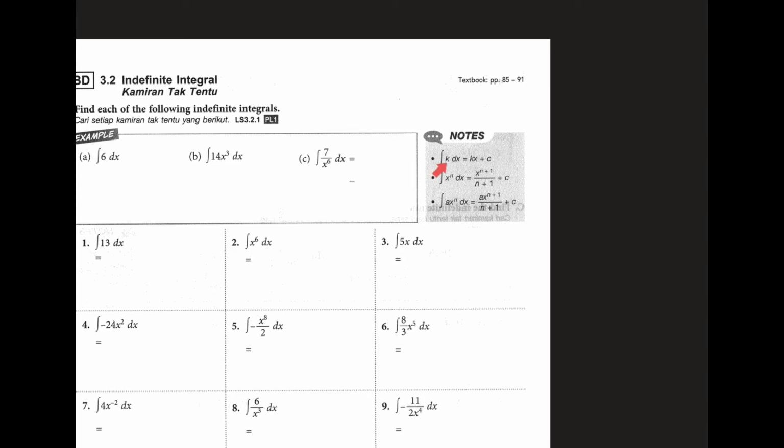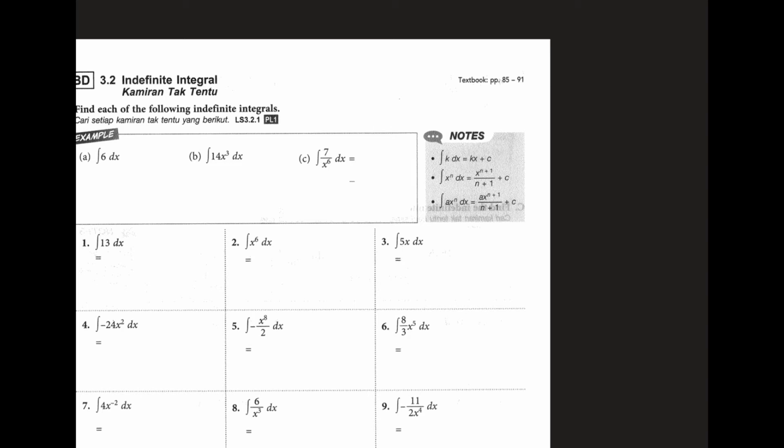The first formula: integrate k equal to kx plus c. So k is a constant. So you integrate any constant, you will get constant x plus c.